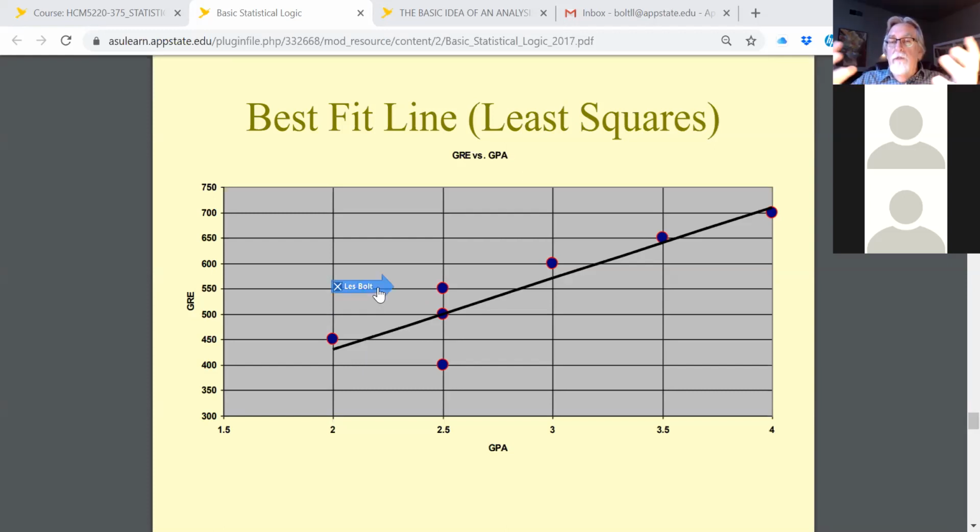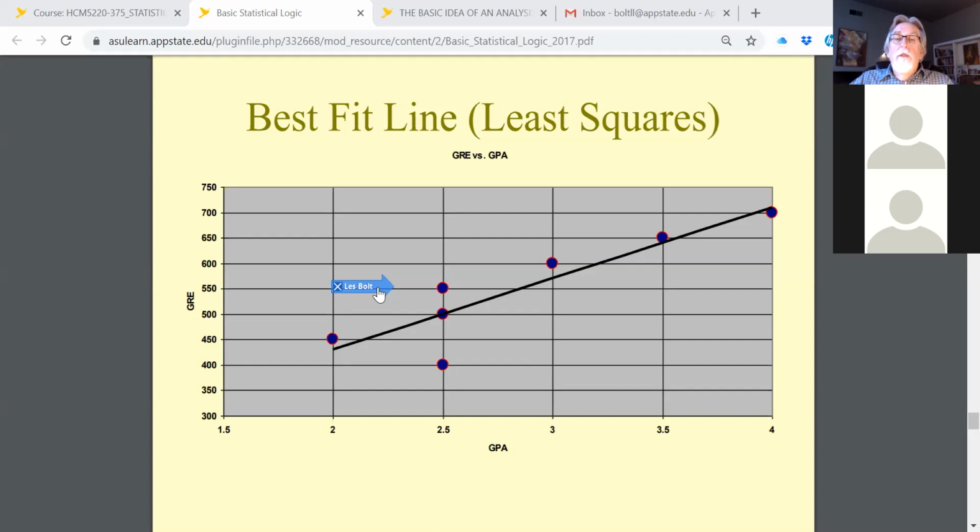And least squares means that we would essentially look for the smallest squared value between the 2 sets of numbers, and find the smallest squared value we could, and that means that line lies in what's called the best fit.